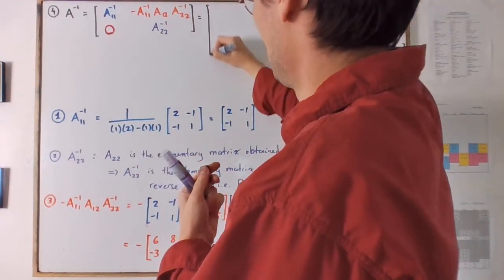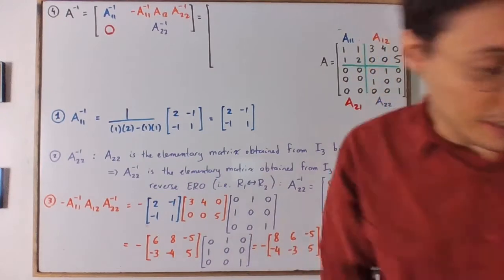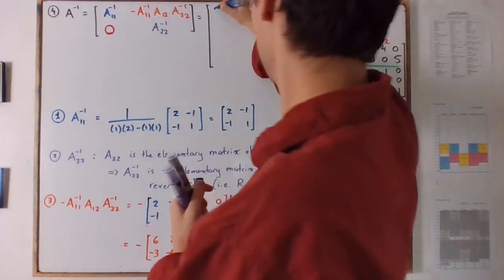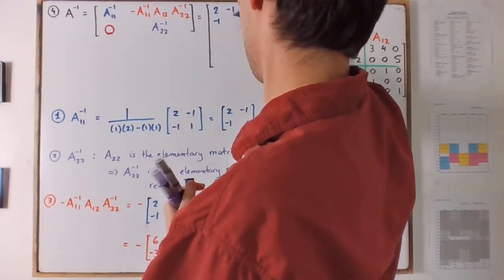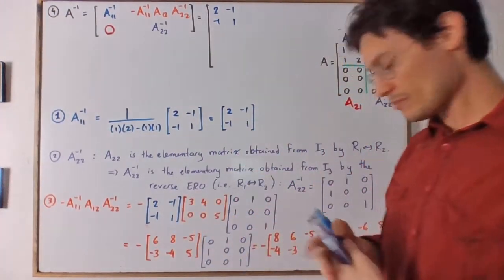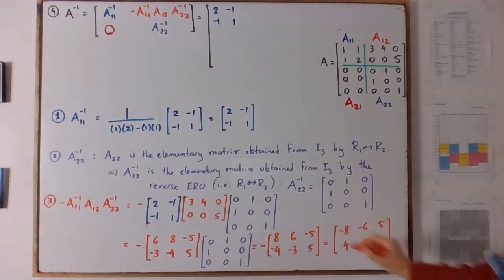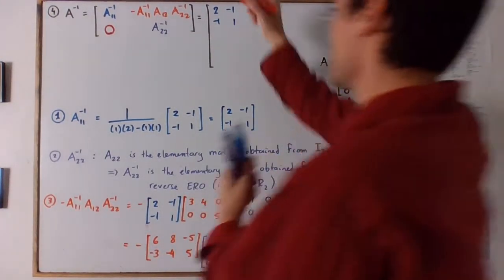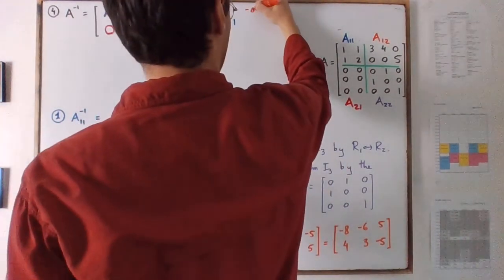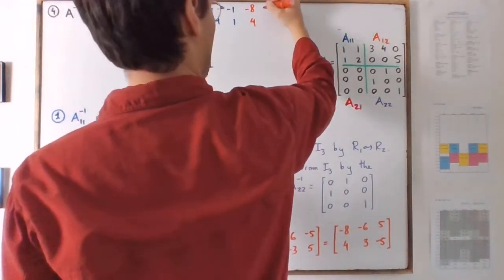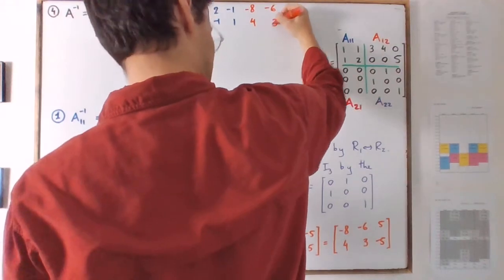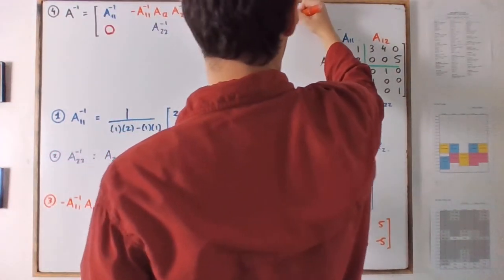So A11 inverse, there we go. 2, -1, -1, 1. Now the orange block, it's the one that we calculated here. So we have -8, 4, -6, 3, 5, -5.